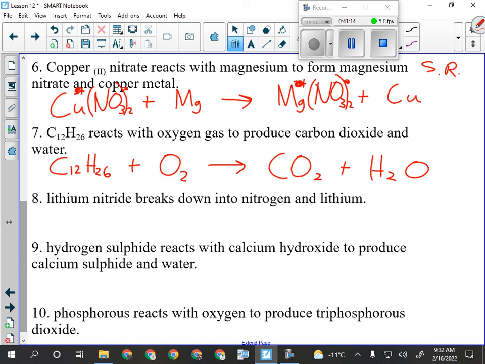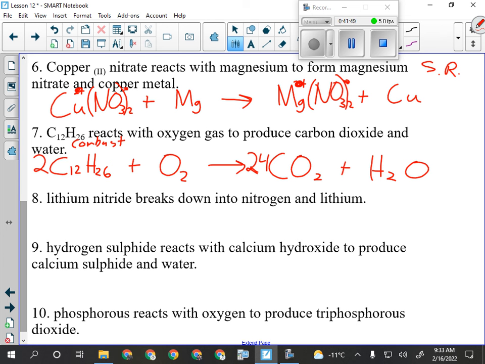We have special rules for balancing combustion reactions. We balance alphabetically, and if there is an even number of carbons, I am to start my balancing with what number? A 2. So I got to put a 2 here. I'm going to have some big numbers, that's okay. What's 2 times 12? 24. So I got to put a 24 right here to make sure I have the right number of carbons.